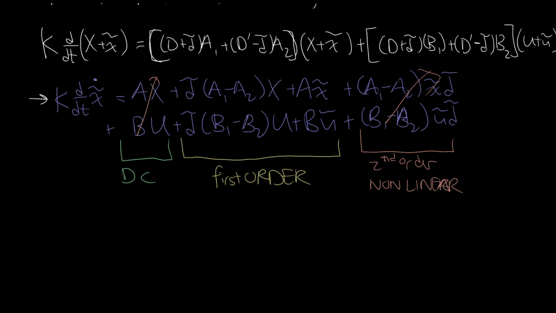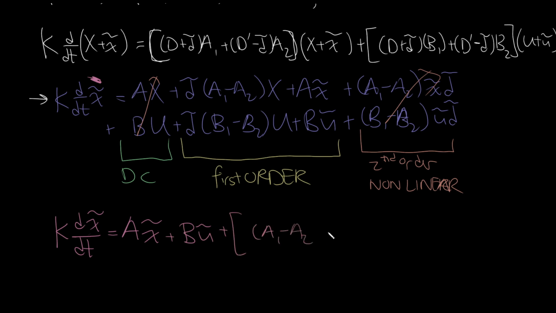And we can write this out. K times, sorry, I have a dot here, I don't need this dot. Let's ignore that dot. Dx by dt is equal to a little x plus b little u plus, now our big term, a1 minus a2 times big X plus b1 minus b2 times u times little d.